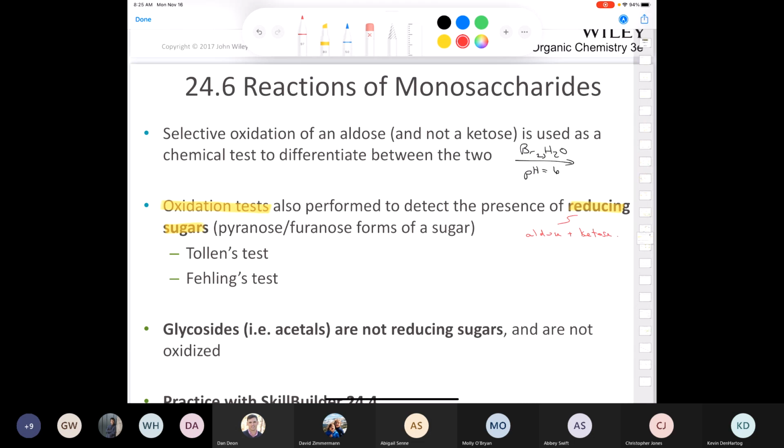What's special about these bromine conditions is that they oxidize the aldehyde, but not the ketone. Other oxidizing tests oxidize both an aldose and a ketose, and examples of those would be the Tollens test, the Fehling's test, and the Benedict's test. I don't know why I didn't put that one in here.